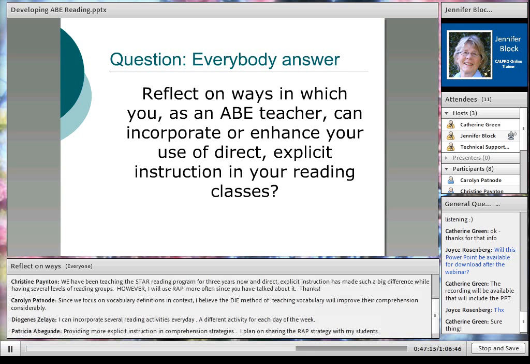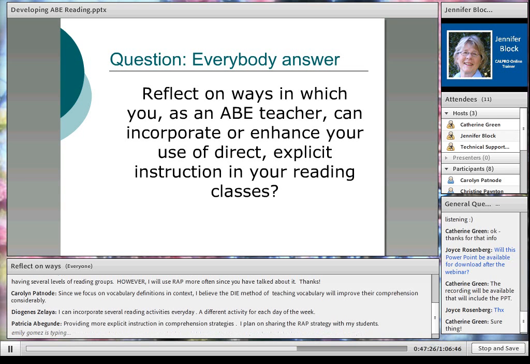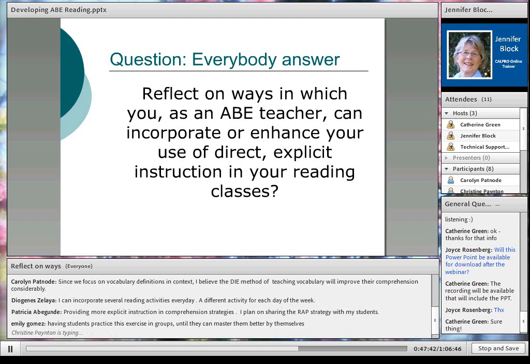Yes, I found the DEI method of teaching vocabulary has improved my students' comprehension as well. Good, Diogenes. Good, Emily, thank you. It's a good idea.